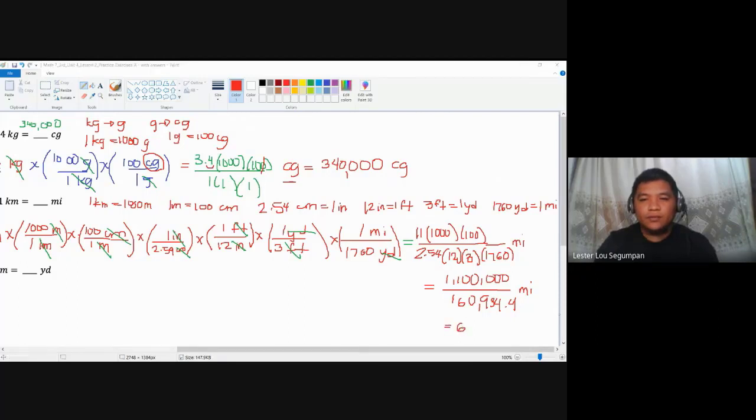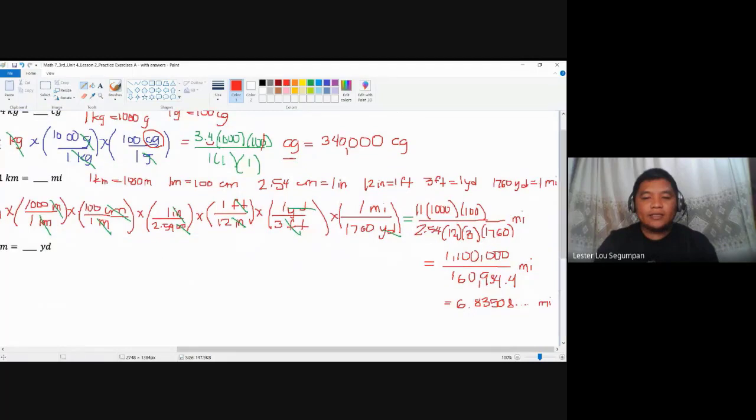And you will come up with 6 point, this is the result, 83508, and so on and so forth, miles. I am placing here the extended value so that we could be guided on our agreement earlier.